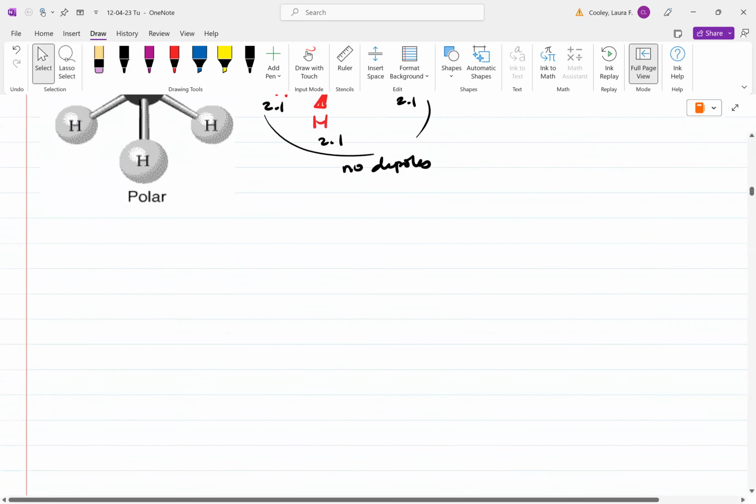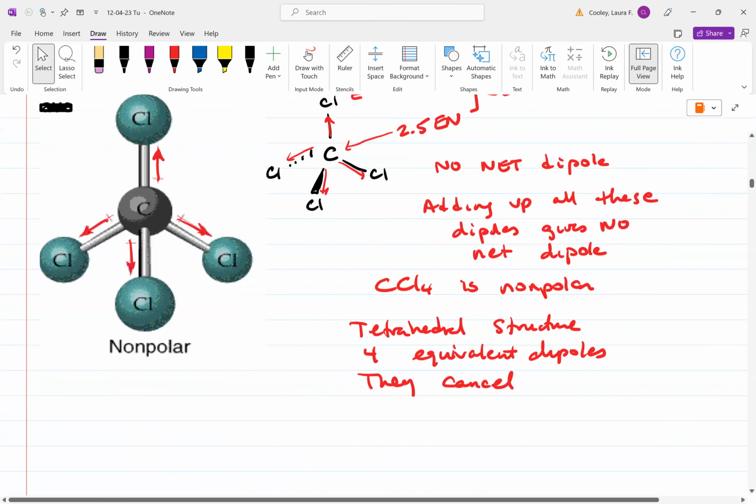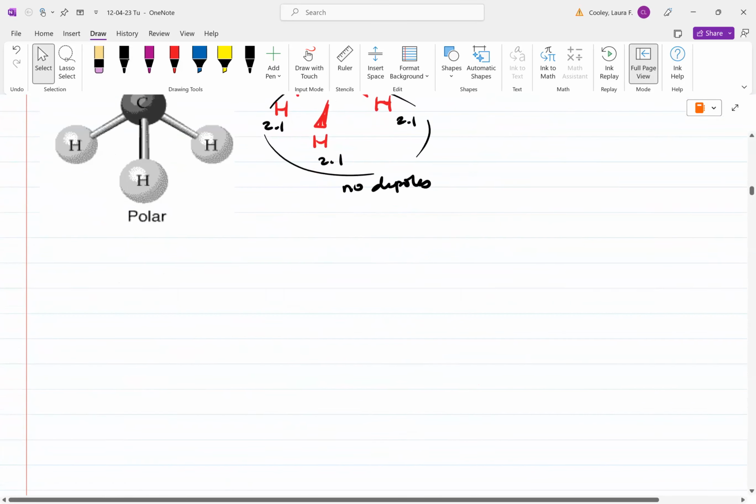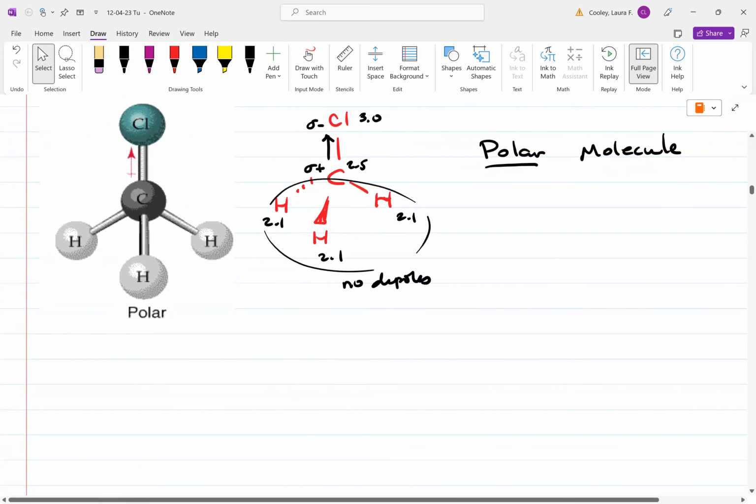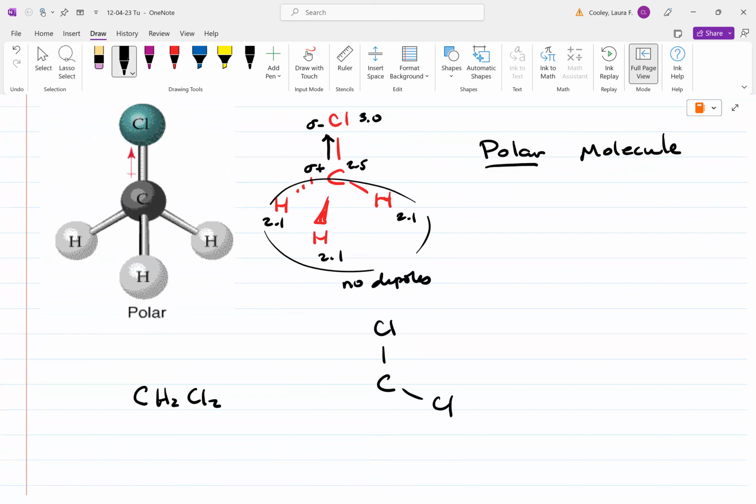Now, what if I did this? We know if we have all 4, they cancel. If we have 1, they don't cancel. What if you have 2? What if you have CH2Cl2? A nonpolar bond can't cancel anything.